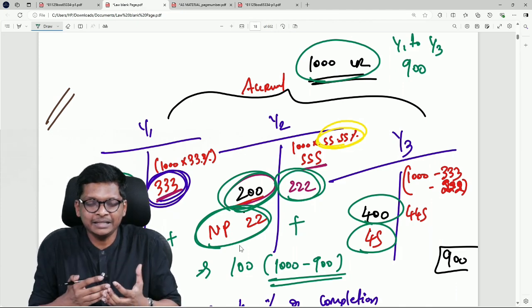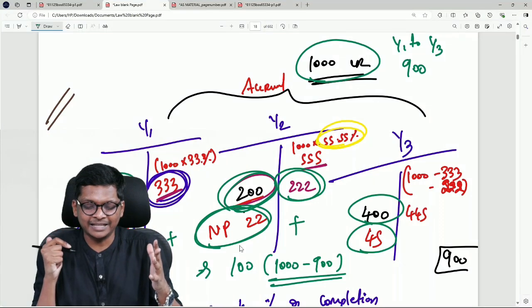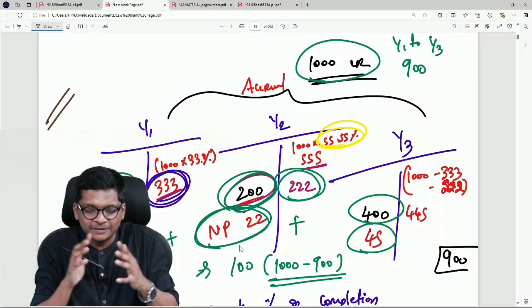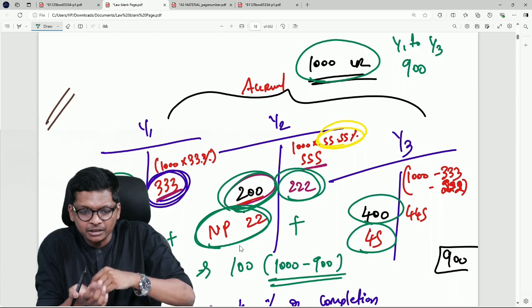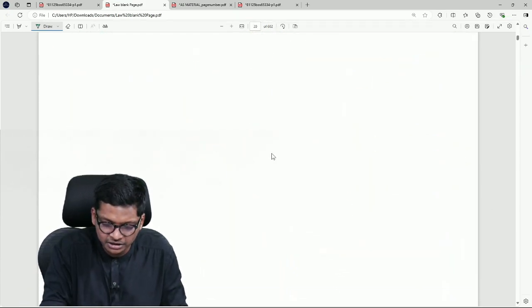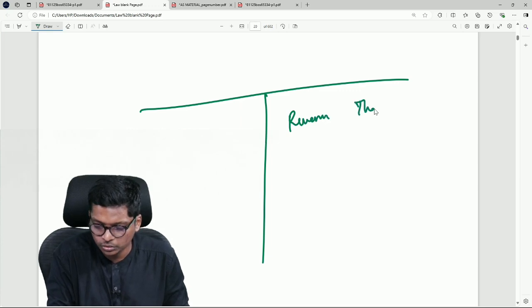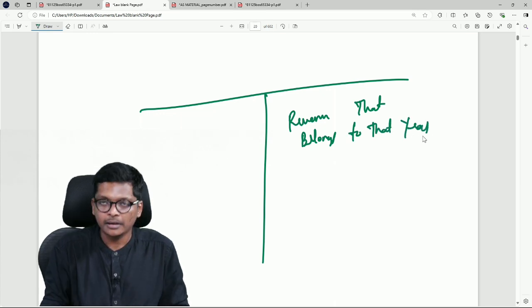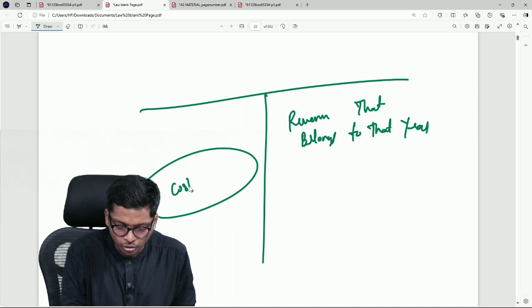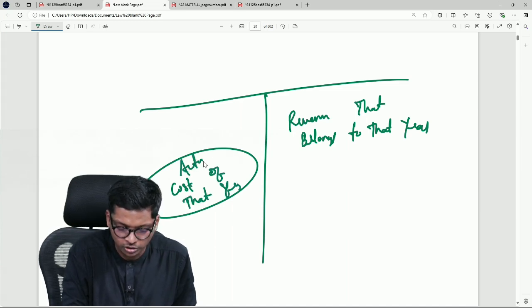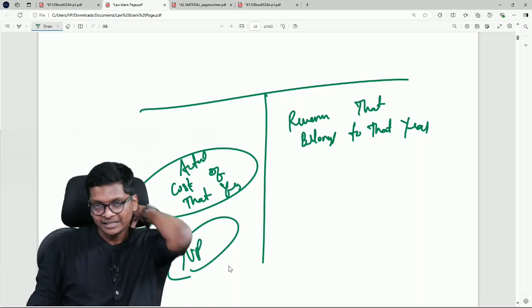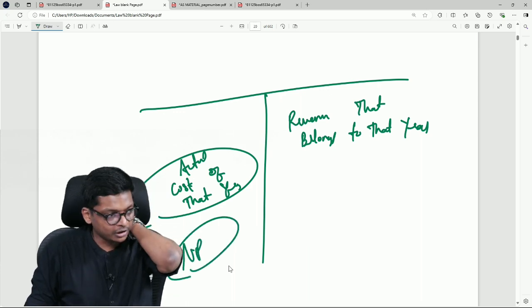Like that they are saying, even though 100% syllabus is there, 100% revenue is there, 100% cost is there, for each year they are saying: recognize revenue that belongs to that year, compare with actual cost of that year to find net profit of that year. That is what we are doing over here.